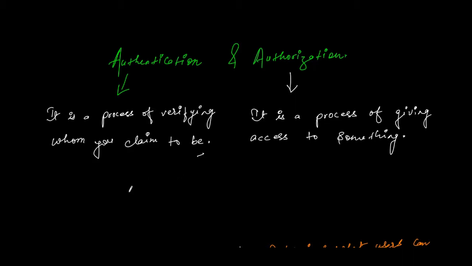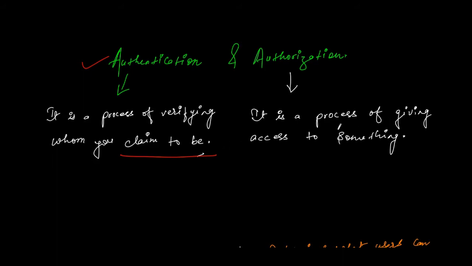And if you are genuine and if you have proved yourself that yes, you are the real user of this account, then they give access to use their email services. So more simply, I can say that when you type the password and OTP correctly, you went through the authentication process. This means that you have proven yourself to be whom you are claiming to be.